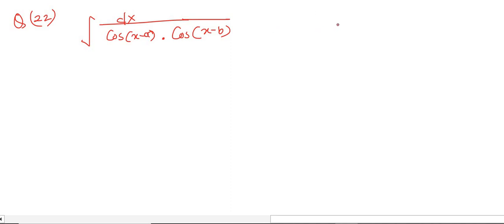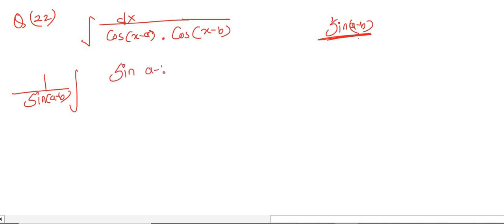Can I write, guys, sin(a minus b)? We already know what sin(a minus b) is. So purposely I am dividing by sin(a minus b) and multiplying by sin(a minus b).